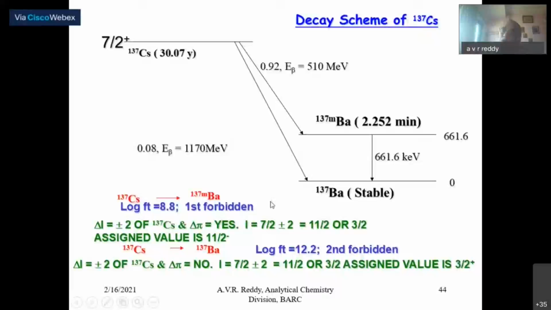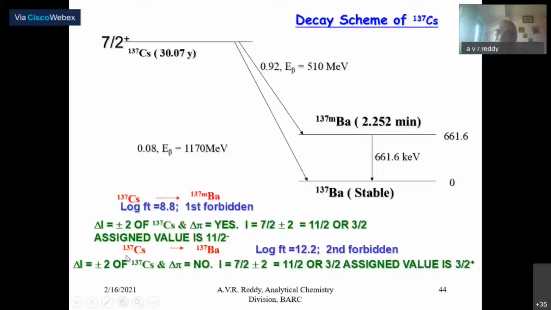But I would like you to venture into this. And actually, the assigned value is 11/2 minus. So up to this point, one could reach. Because there is a change in parity, it will become minus. The question is, is it 11/2 minus or 3/2 minus?